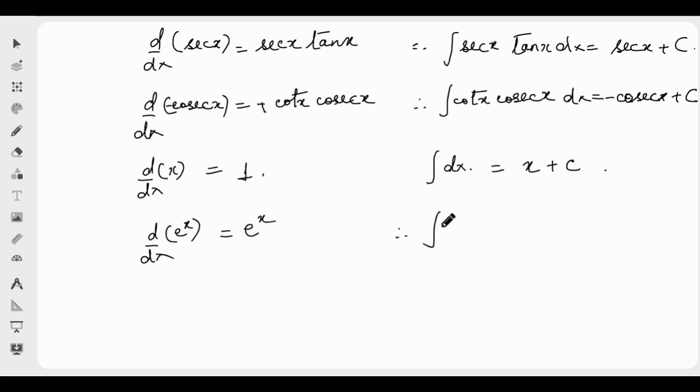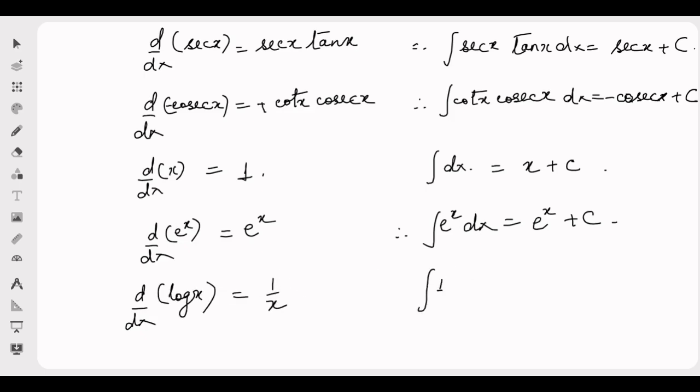Therefore, integral of e raised to the power x dx is equal to e raised to the power x plus c. Similarly, derivative of log x is equal to 1 upon x. Therefore, integral of 1 upon x dx is equal to log x plus c.